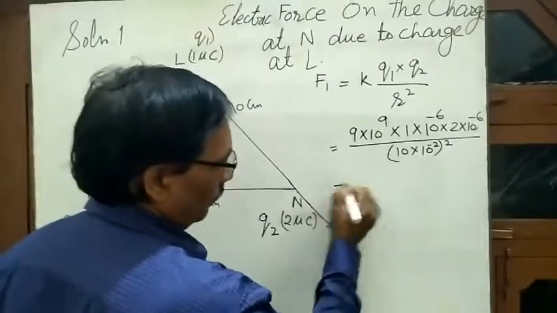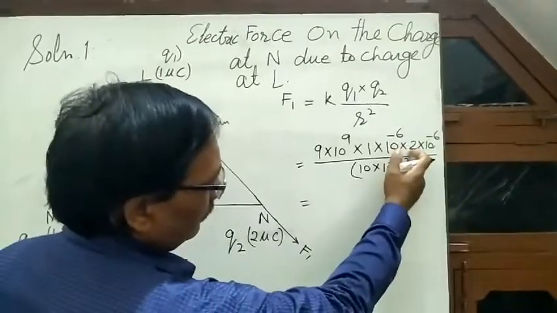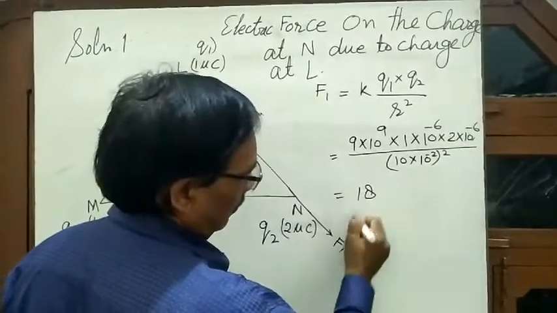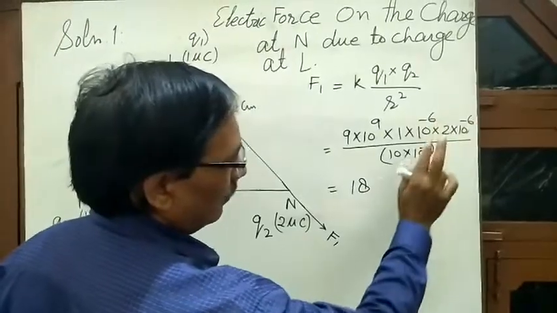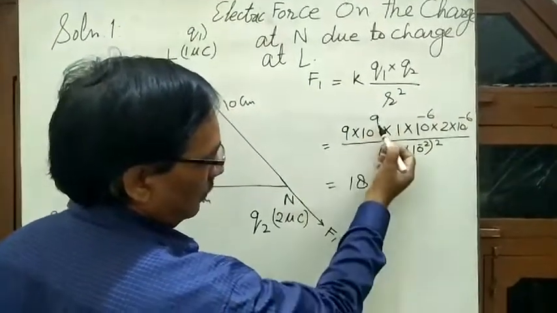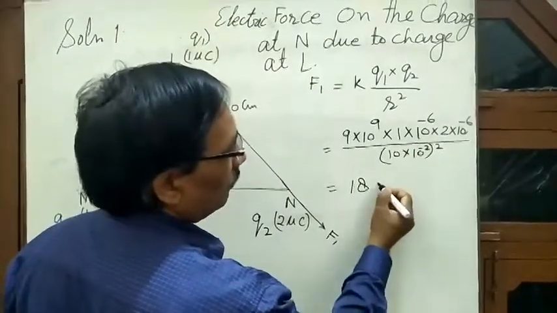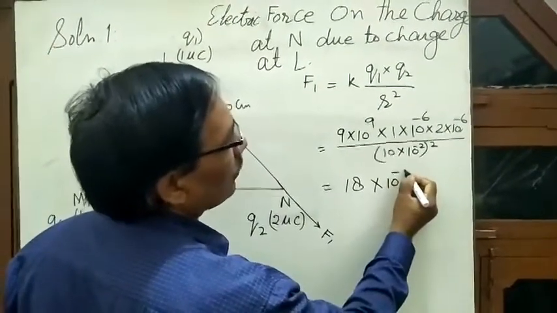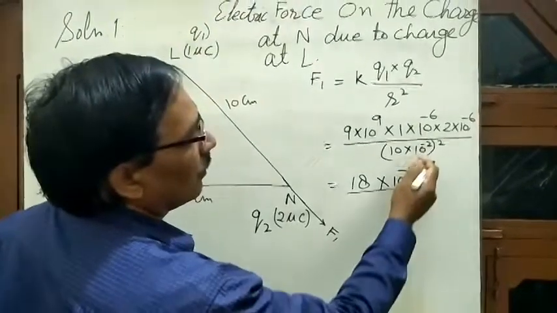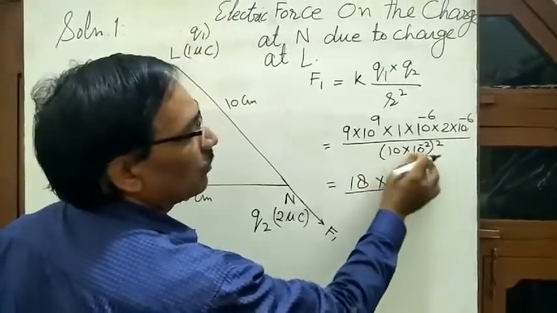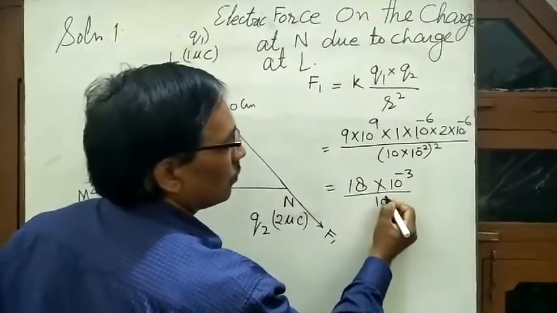Now its value will be 9 into 2, that is 18, and minus 6 minus 6 is minus 12, and this 9 is plus, so it will be 10 power minus 3, upon this value, which will come 10 power minus 2.